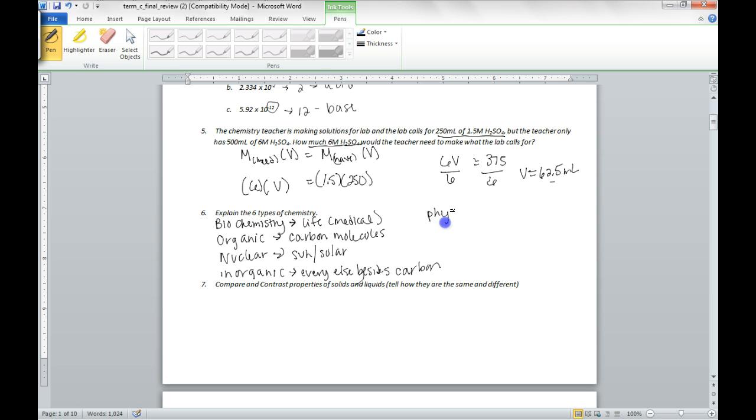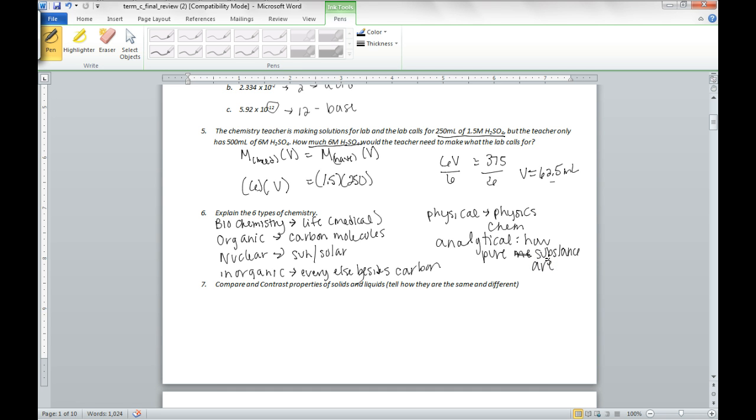Physical, which is going to be with physics and chemistry. And then analytical. Analytical is going to tell you how pure it is. So looking at how pure measurements are. Or substances, I guess would be better.